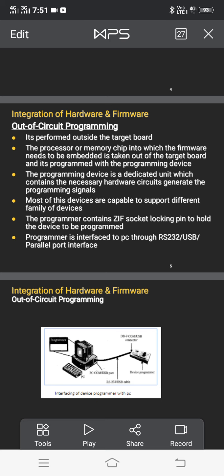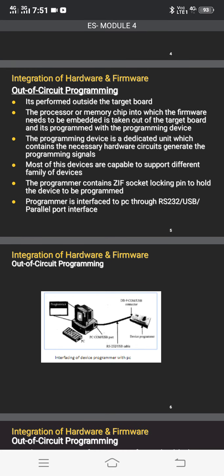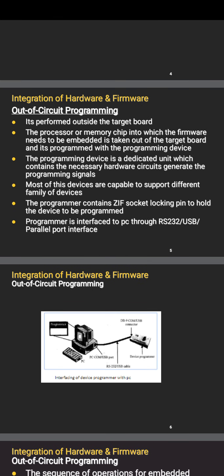The SIP socket is having the locking pin which will hold the IC, and the program which we need to embed into the IC is in the computer, in the PC. In the PC there will be a utility program which will control the programming device.